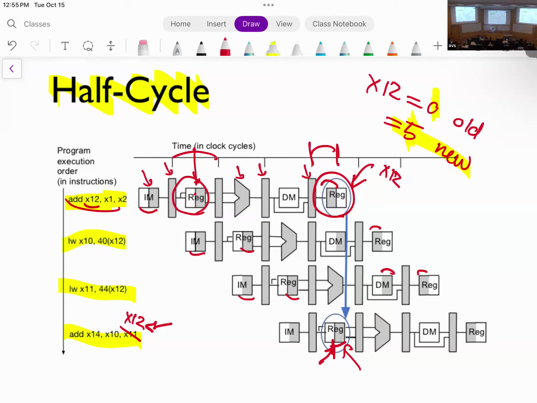Sorry, this is also read. I made a mistake. So these are all reads. So this is read. This is load word. This is read. This is also read. This is also read. So all the reads happen in the second half cycle, and all the writes happen in the first half cycle.